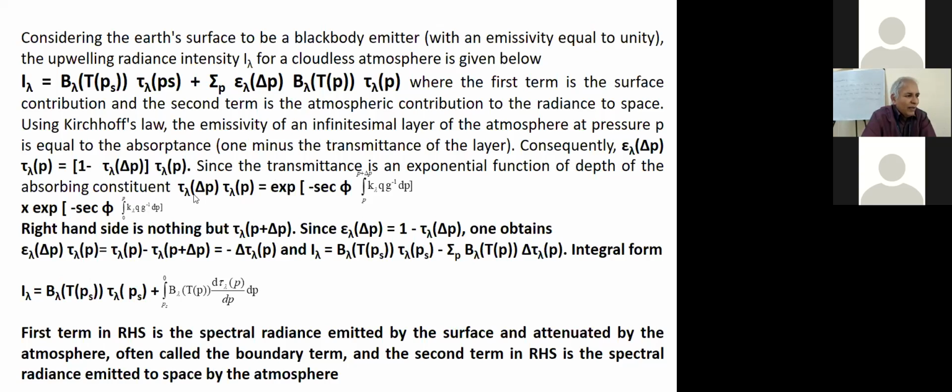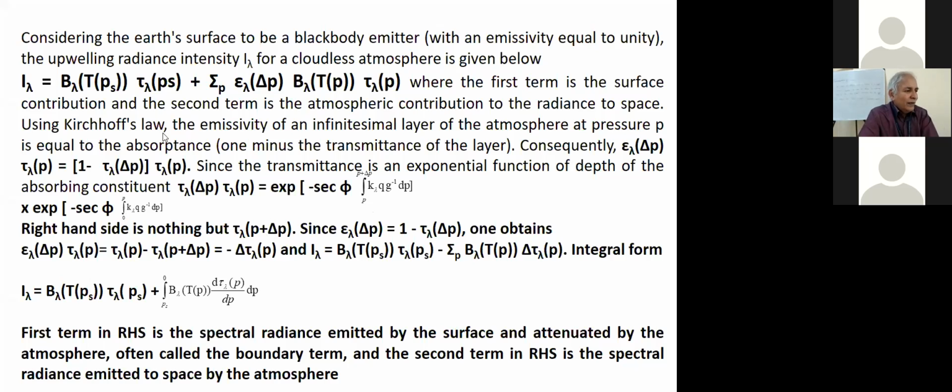When I say tau lambda P, it is from 0 to that particular P. When I say tau lambda delta P, the limits should change from P to P plus delta P. If I multiply these two, in the first term I have limits from P to P plus delta P, in the second I have 0 to P. Both have minus signs, so the product is going to change the limits from 0 to P plus delta P, which is nothing but the definition of transmittance for P plus delta P. So the product of these two is simply the transmittance at P plus delta P.